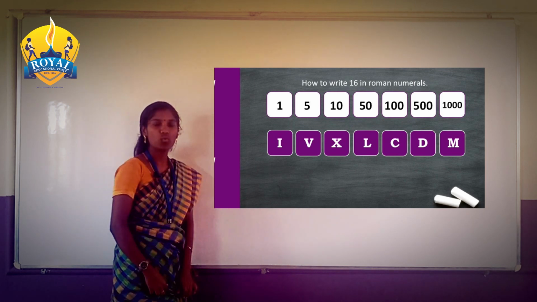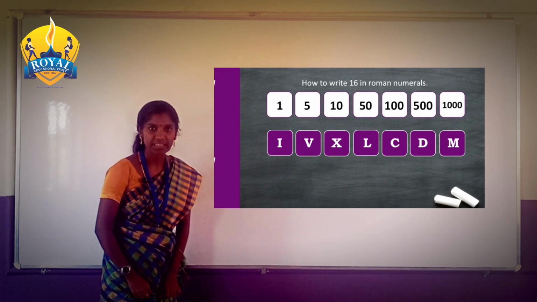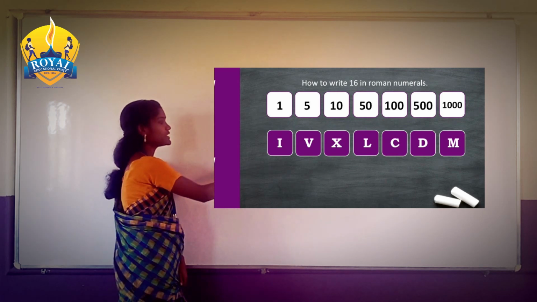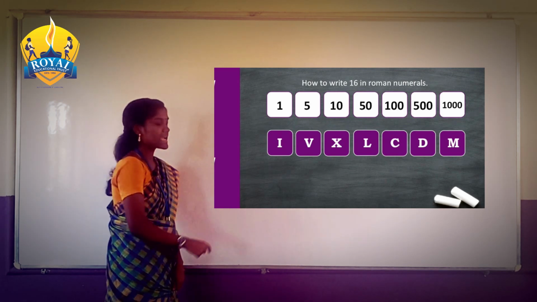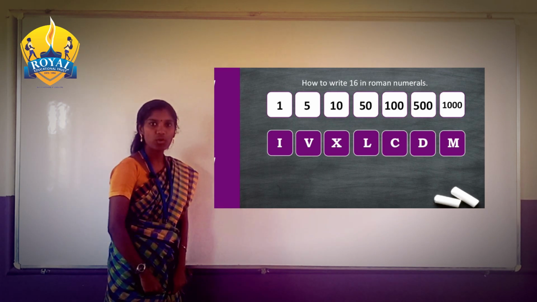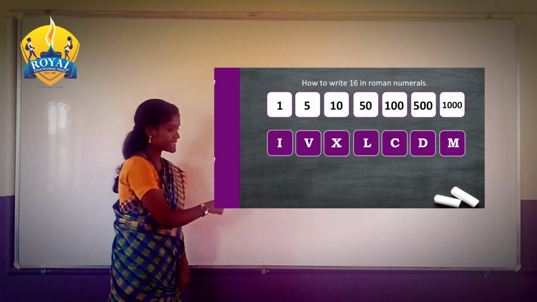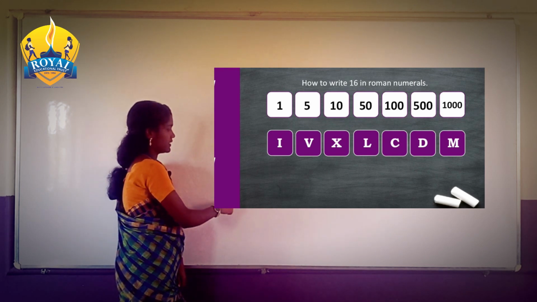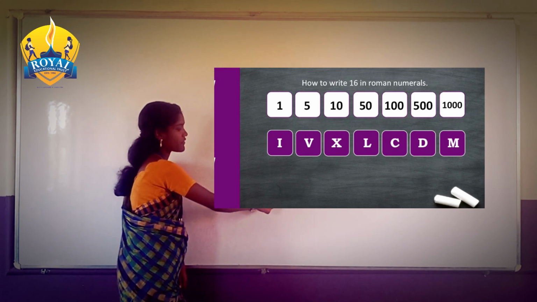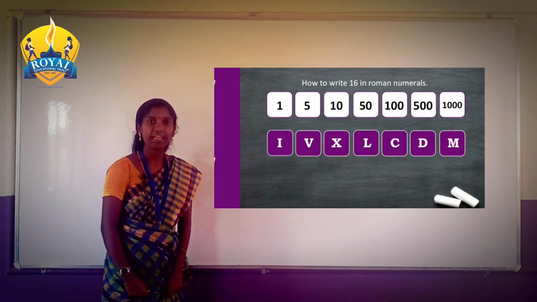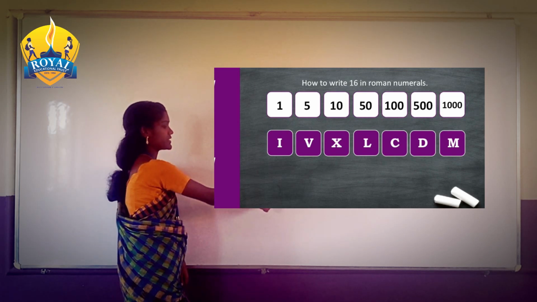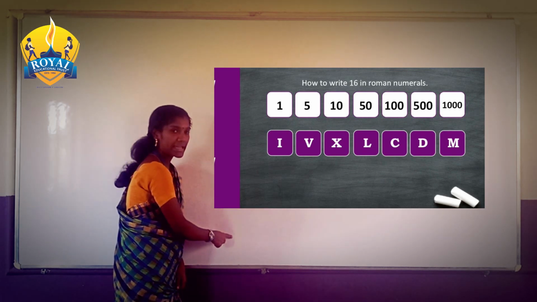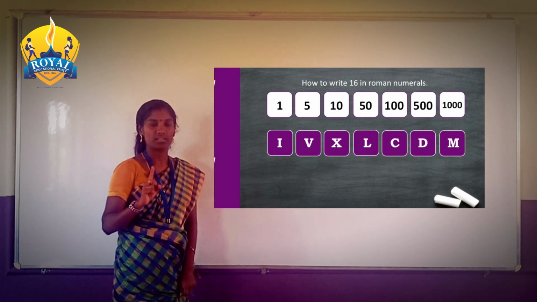L denotes 50. C denotes 100. D denotes 500. And M denotes 1000.